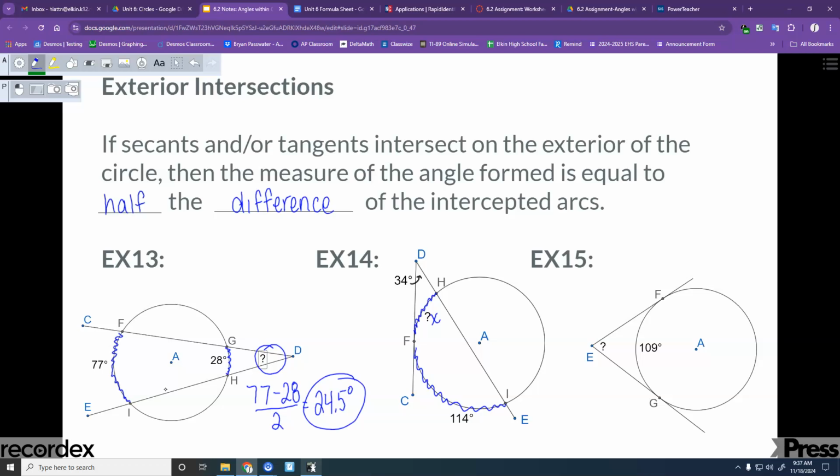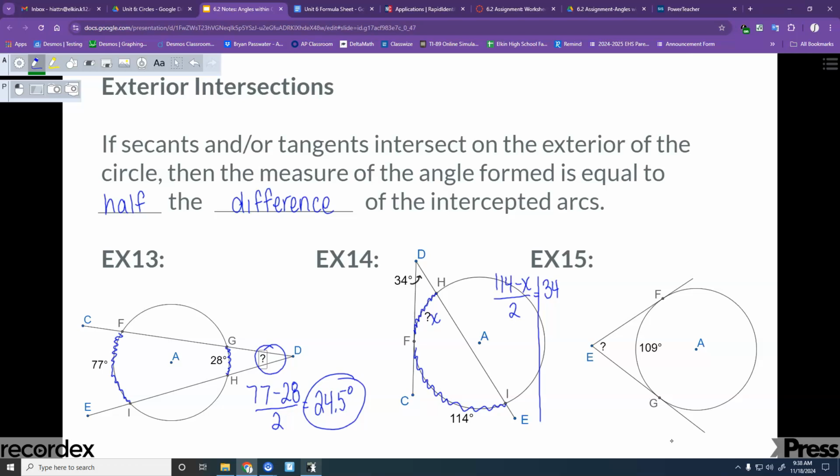So for this one, we would have to do 114 minus X divided by 2 has to equal that angle on the outside. That'll be 34. So see how it's big arc minus small arc divided by 2 equals your angle on the outside. So in this case, you got to sort of set up an equation.